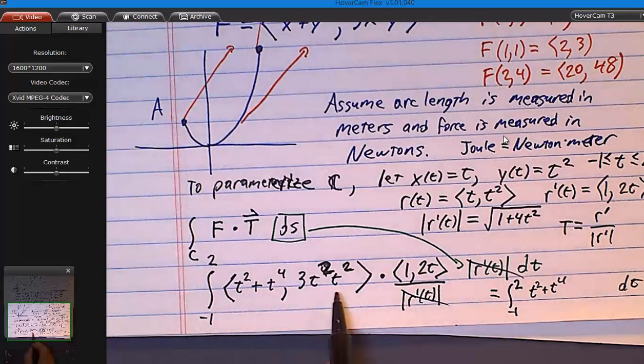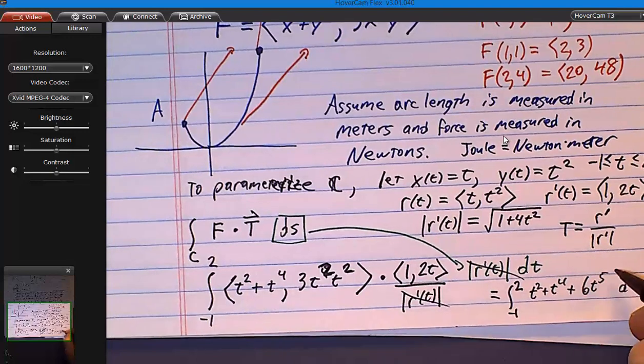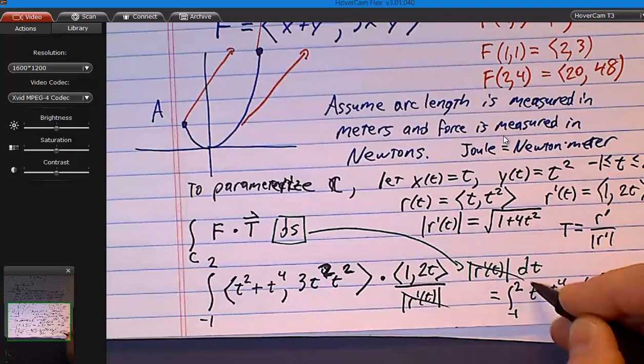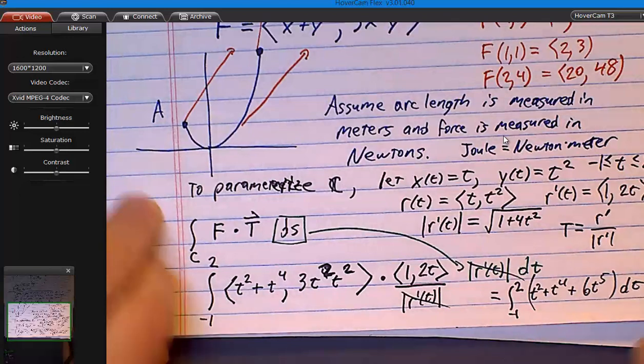And then 3t to the 4th times 2t, so that would be plus 6t to the 5th. Marvin, I'm just like you, I ran out of room. So I guess on the next page we'll finish up.